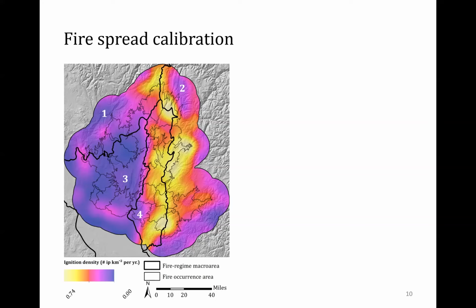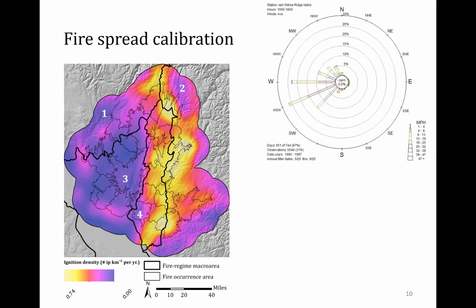As you can see here, we consider a 20-kilometer buffer around the communities in order to capture the fires that ignite outside of communities and expose the housing units inside them. And we divided the study area into 4 blocks and 4 macro areas. Every macro area had particular conditions in terms of fire spread, duration, and weather.